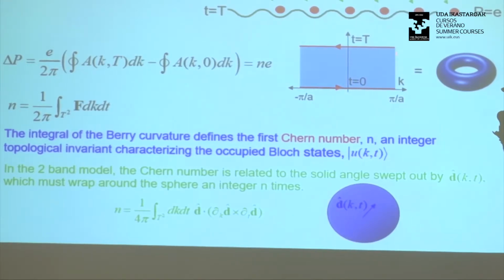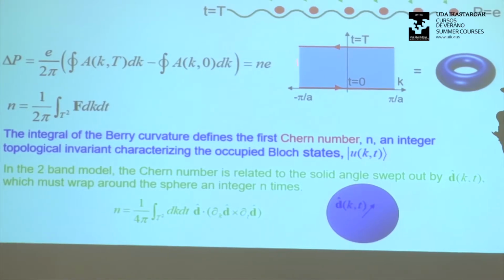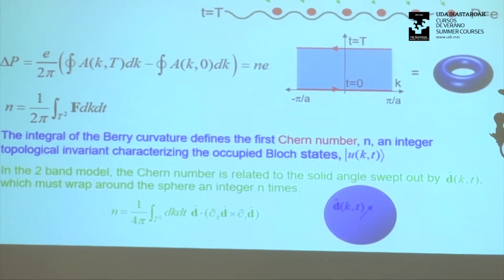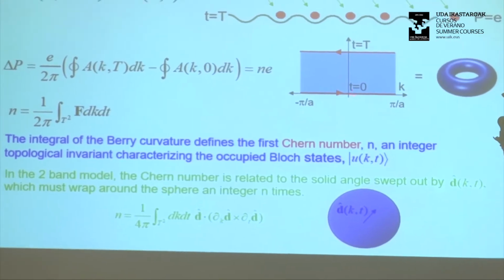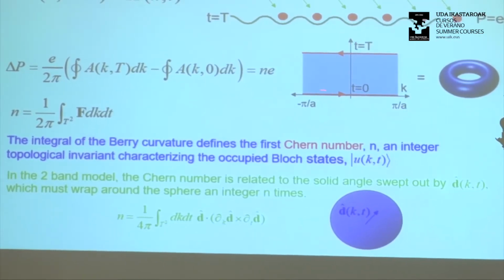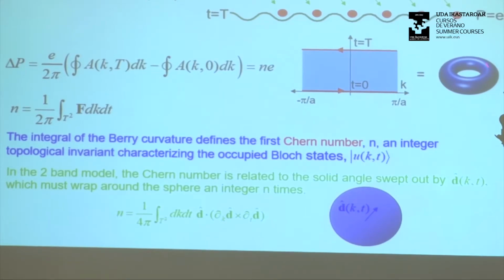So we know that plus pi and minus pi are the same point, so k is really defined on a circle. Well, in this periodic Hamiltonian, t is defined on a circle too. So this region here is really like a torus. And so what I'm doing is integrating the Berry curvature over this entire torus.